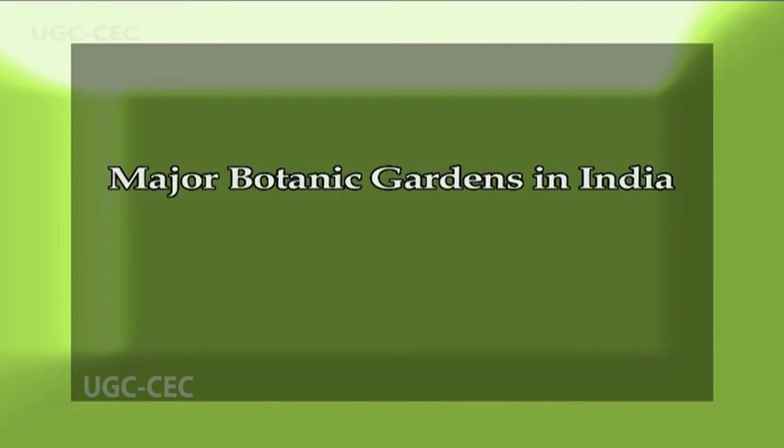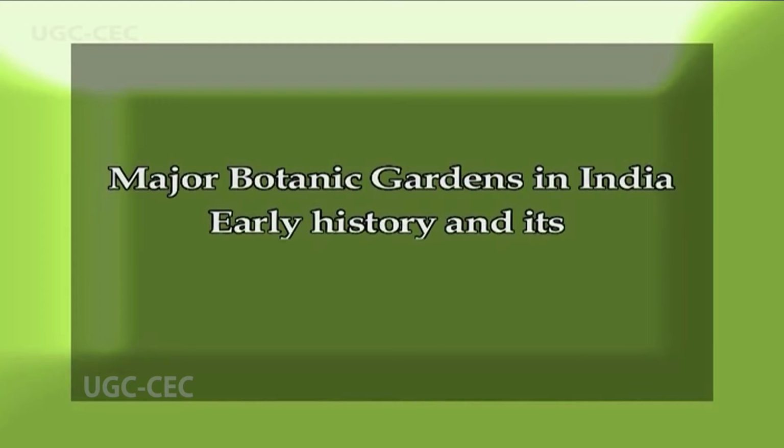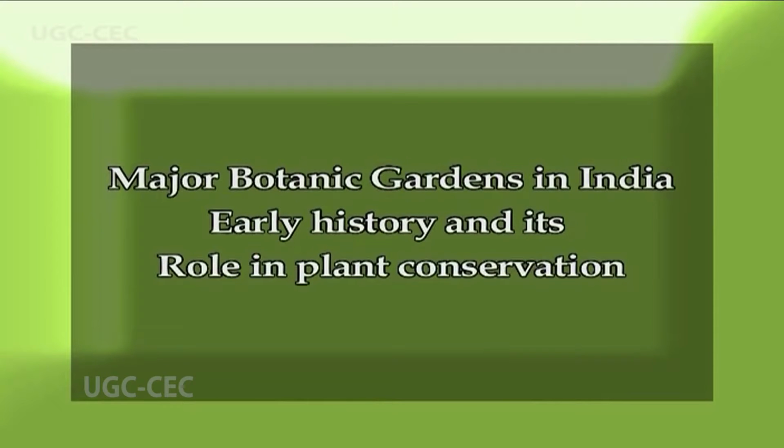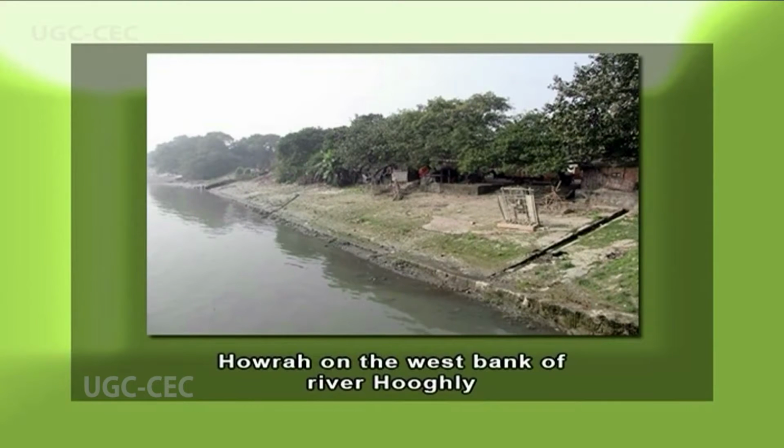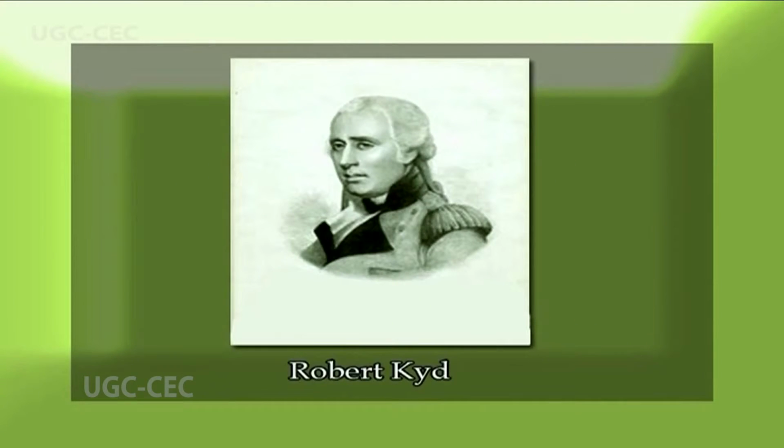Now we will discuss major botanic gardens in India, early history and its role in plant conservation. Number 1. The Indian Botanic Garden, Kolkata, formerly known as the East India Company's Garden. It is situated at Howrah on the west bank of river Hooghly. Robert Kyd proposed the establishment of this garden for horticultural and economically important plants.